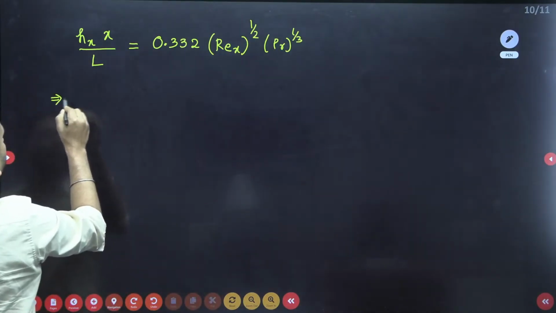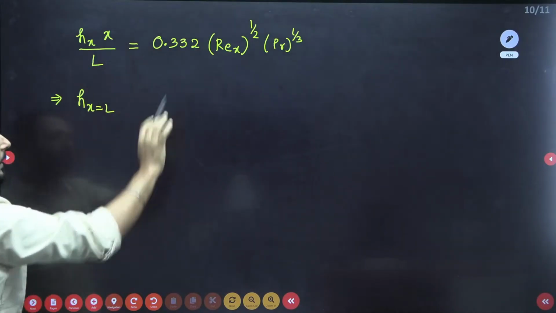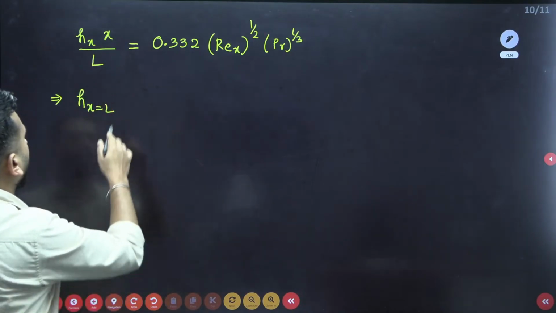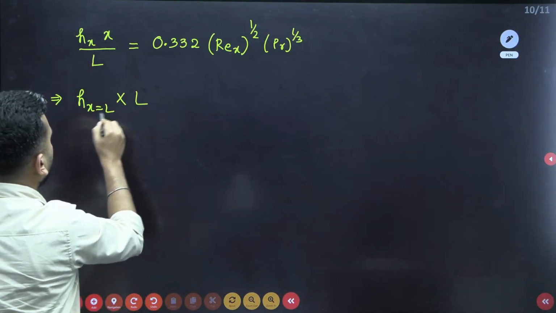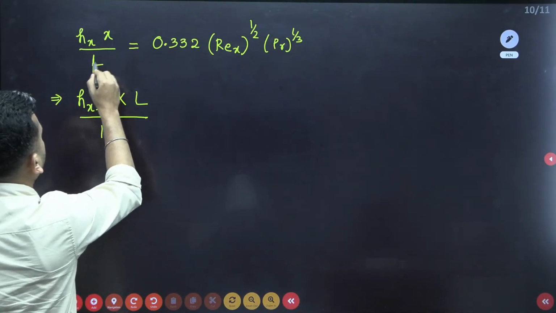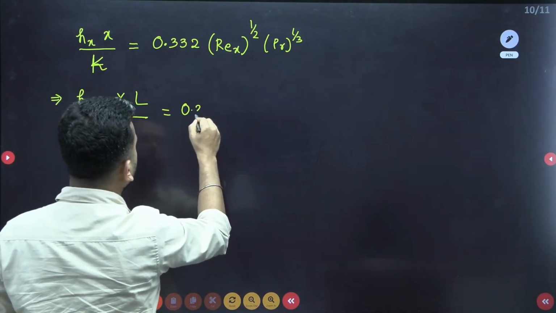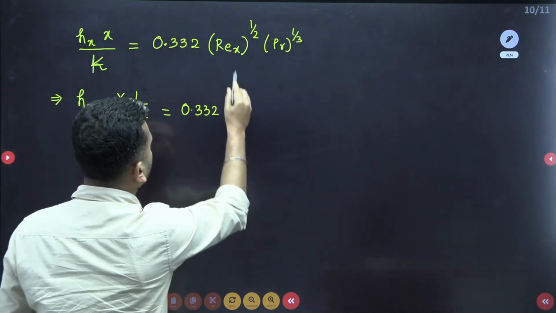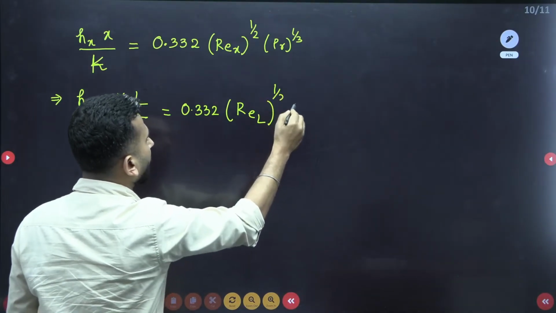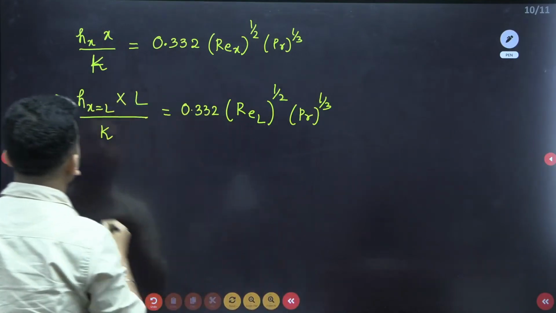Now, if I substitute x equal to L in place of x, so h_x L by k, sorry, it is h_x by k, very sorry, is equal to 0.332 Reynolds number at x equal to L to the power 1 by 2, Prandtl number to the power 1 by 3.